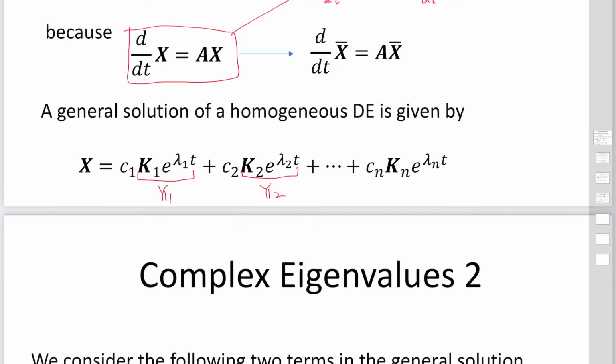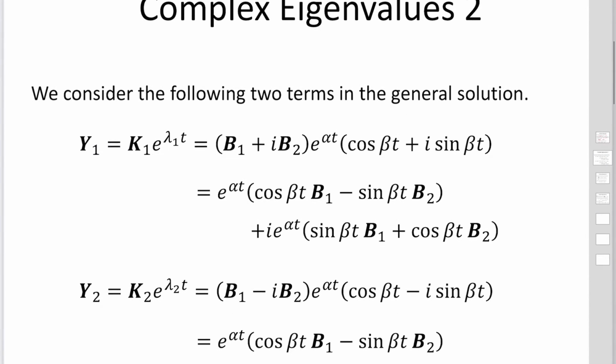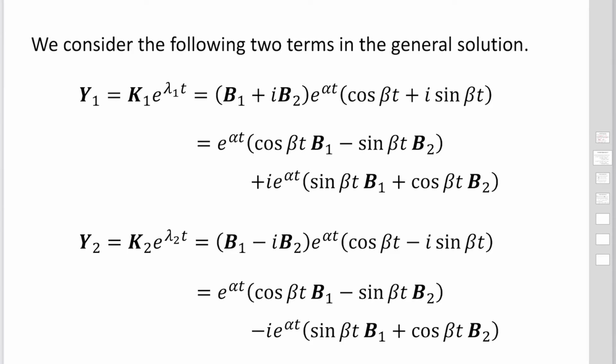K sub 1 is equal to b sub 1 plus i b sub 2. We substitute lambda sub 1 as alpha plus i beta. Then the equation is expressed this way using Euler's formula.